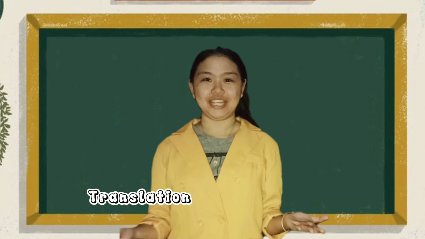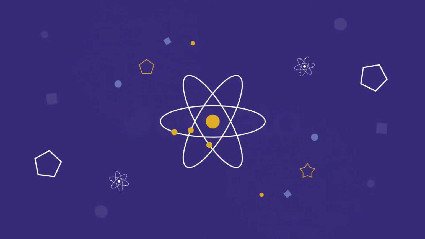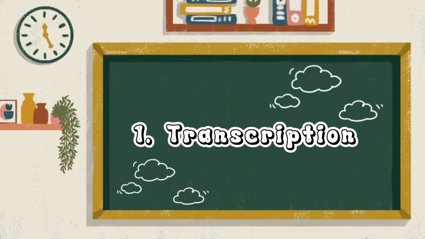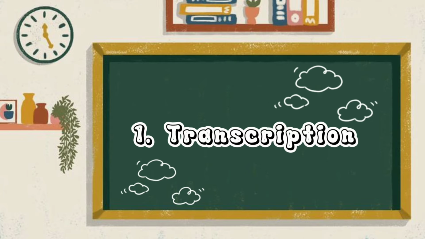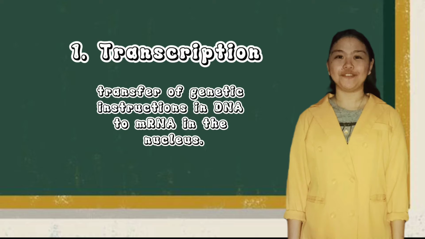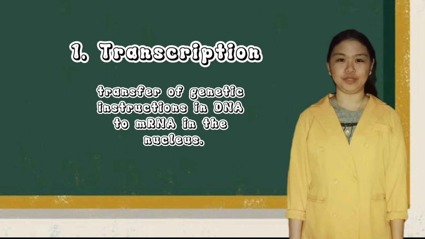Just like what Gideon said, protein synthesis has two stages, namely transcription and translation. But first, let us talk about transcription. Transcription is the transfer of genetic instruction in DNA to RNA in the nucleus.